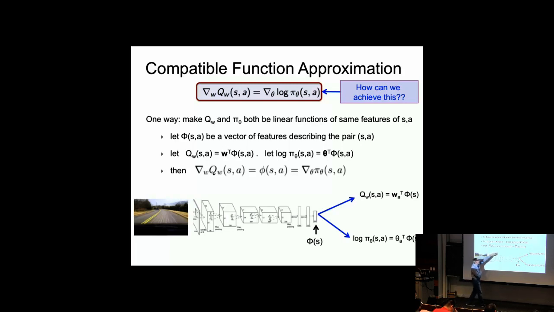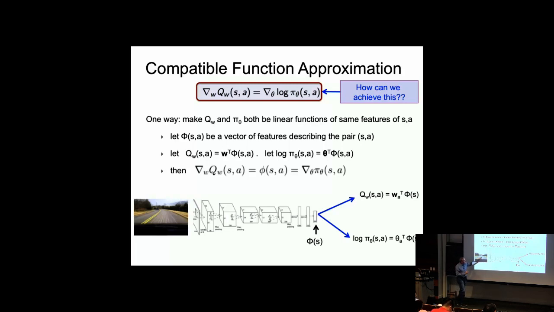Here, notice I went from phi of SA to phi of S, because here suppose, for example, there are three possible actions. Keep going straight, go left, go right, just to make it a discrete set of actions so that thinking about this is easy.